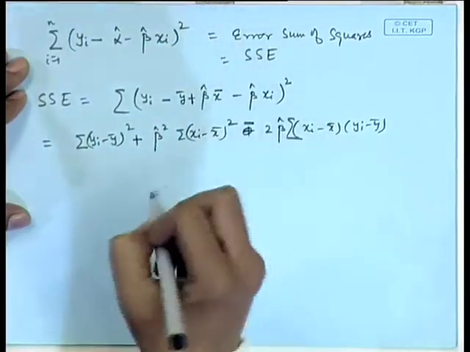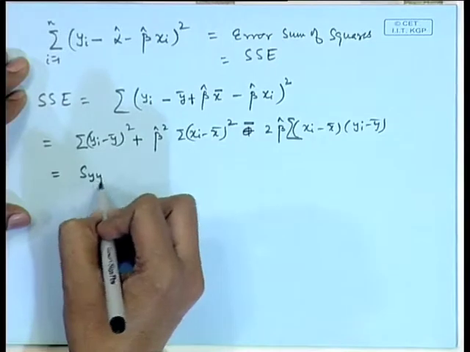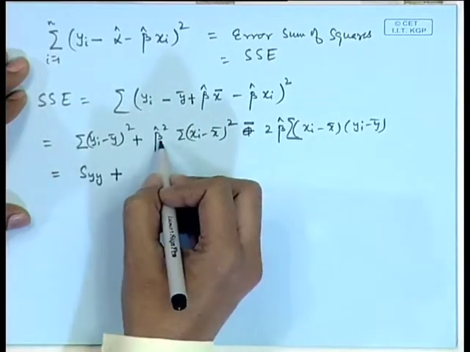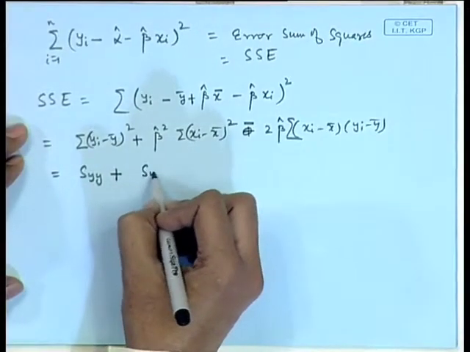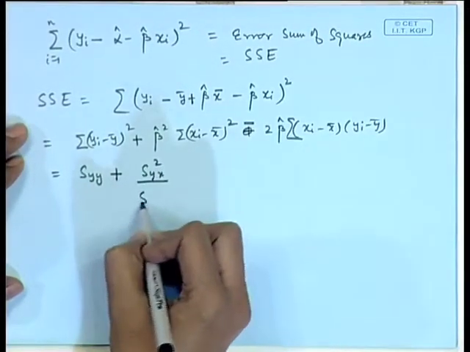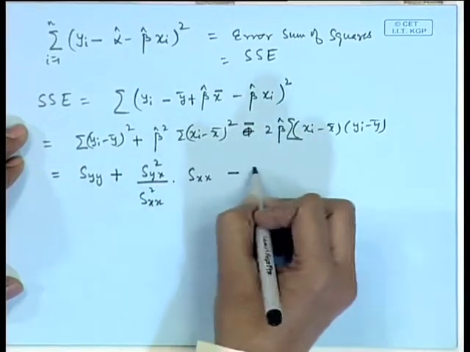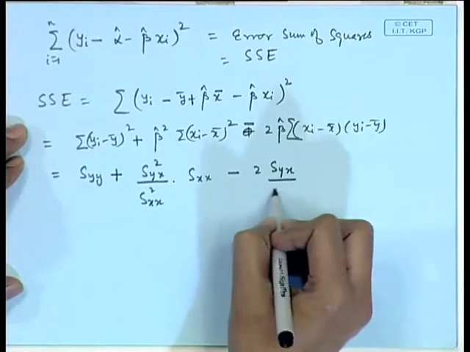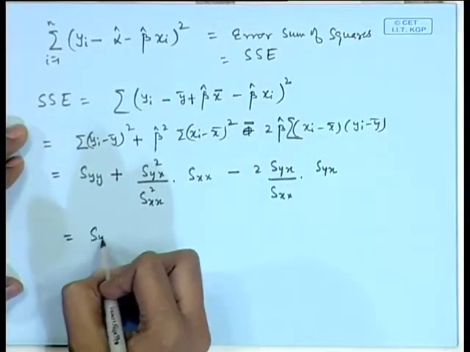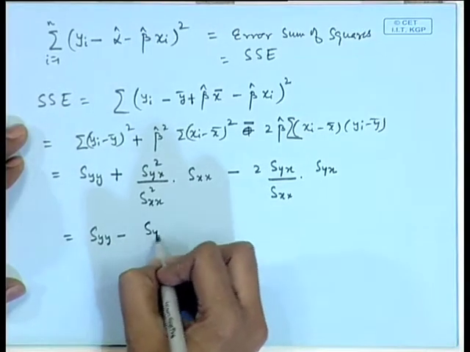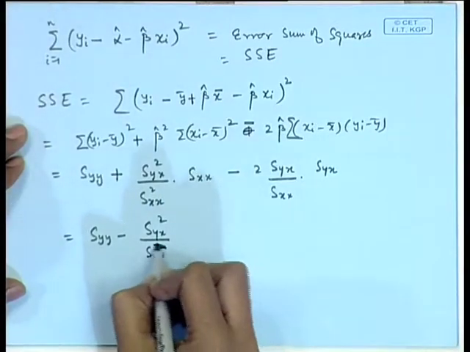I have taken the cross product term here. So, this is equal to S_yy plus, now beta hat is equal to S_yx by S_xx, so S_yx square by S_xx square into S_xx, minus twice S_yx by S_xx into S_yx. So, that is equal to S_yy minus S_yx square by S_xx.